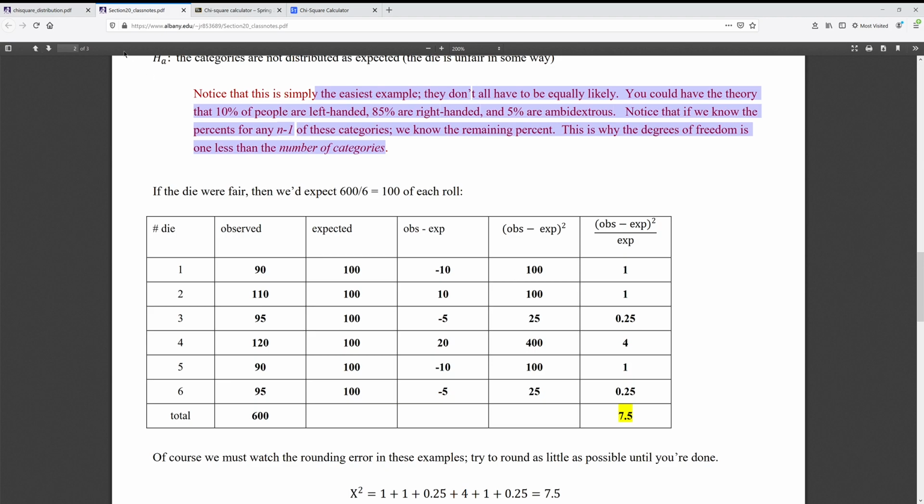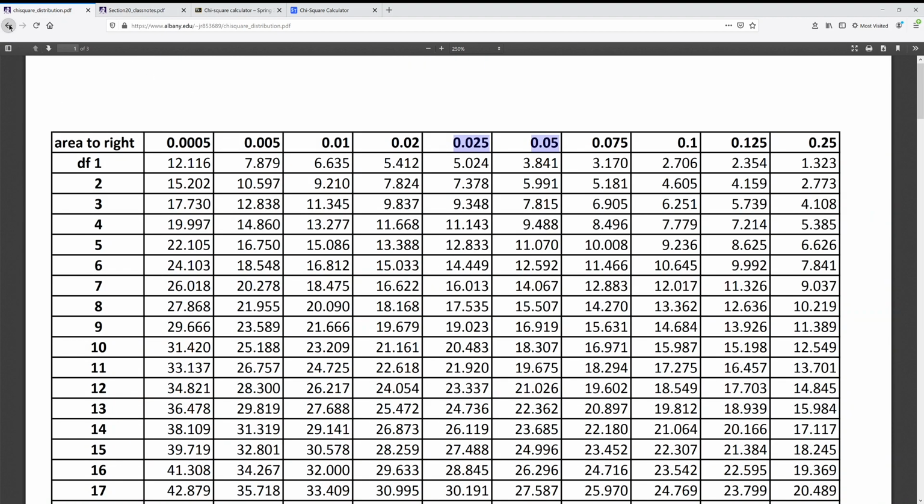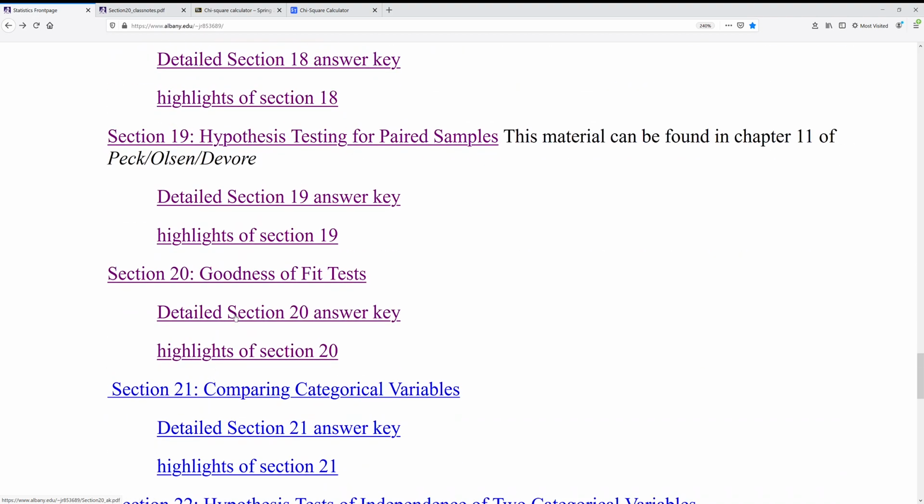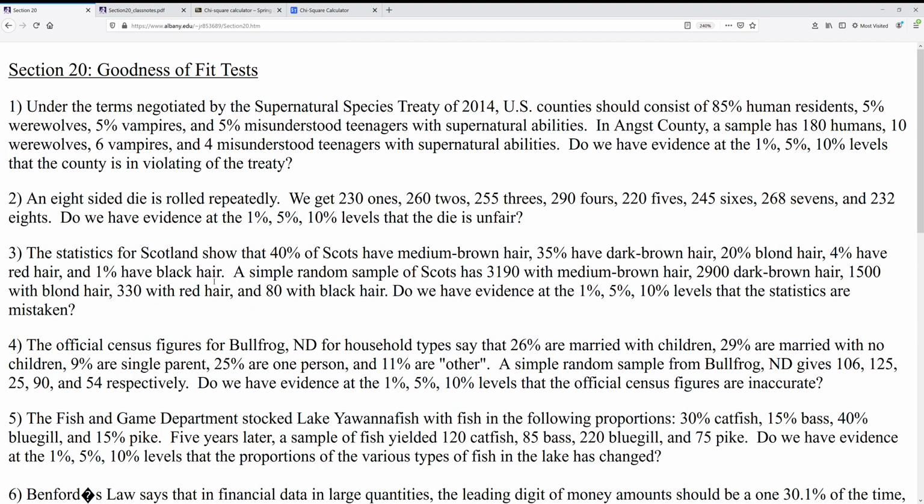And for the practice problems on my website, there should be a nice selection of those.